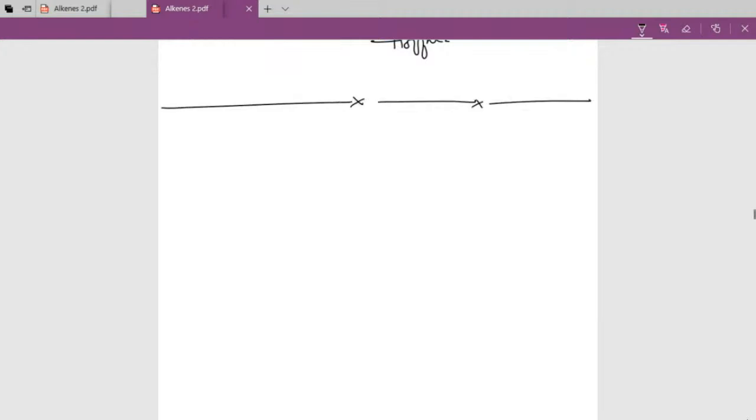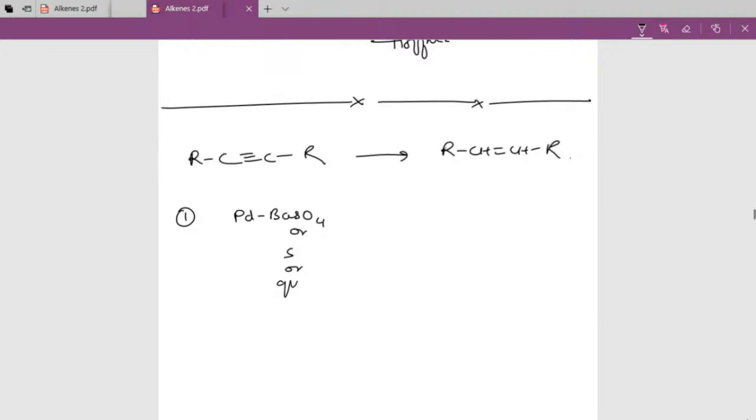So this was preparation of alkenes by elimination reactions. If I want to prepare alkenes by partial hydrogenation reactions, then I have two choices. One is palladium poisoned by barium sulfate or sulfur or quinoline or CaCO3 plus hydrogen.